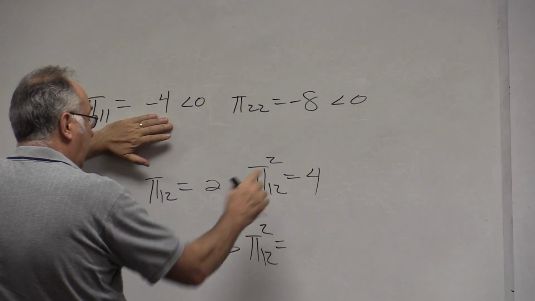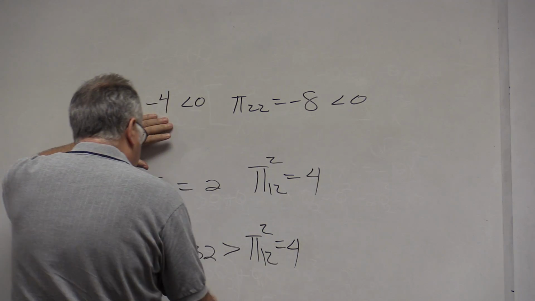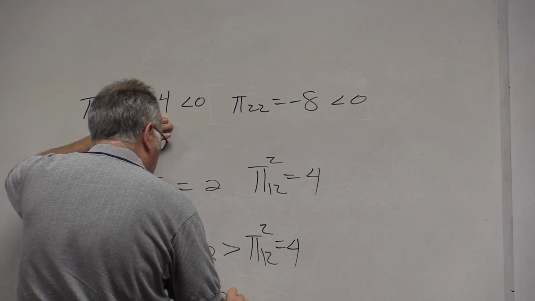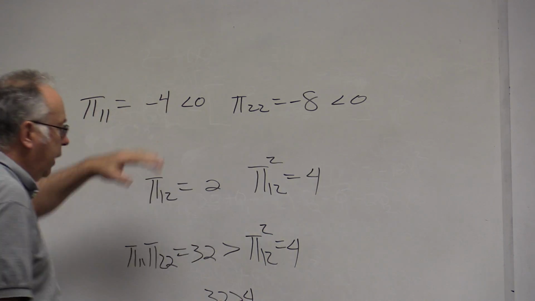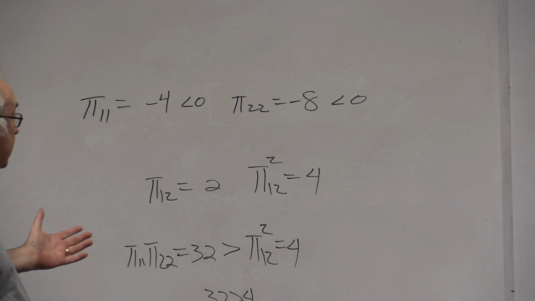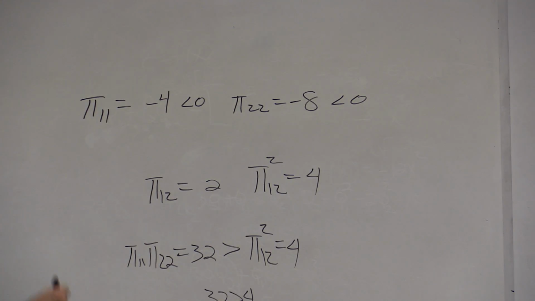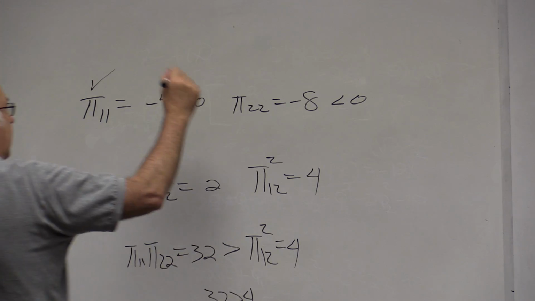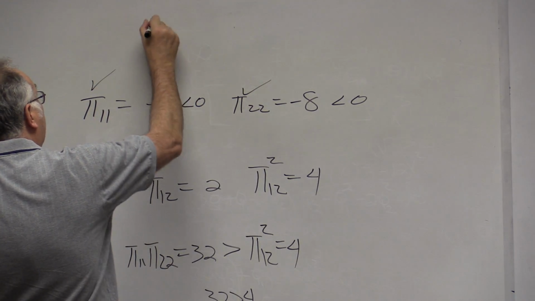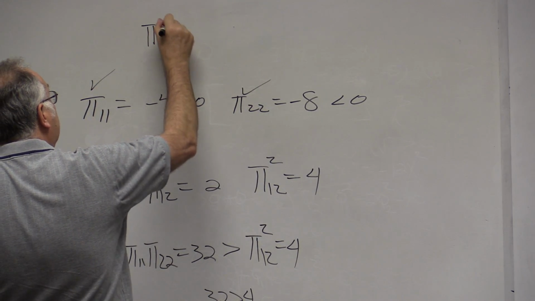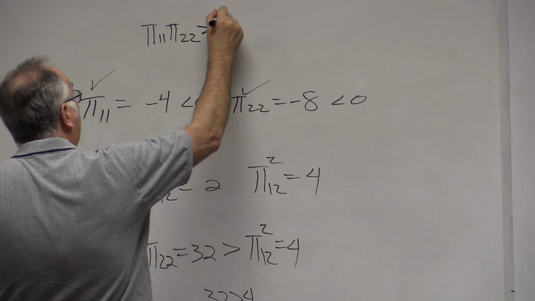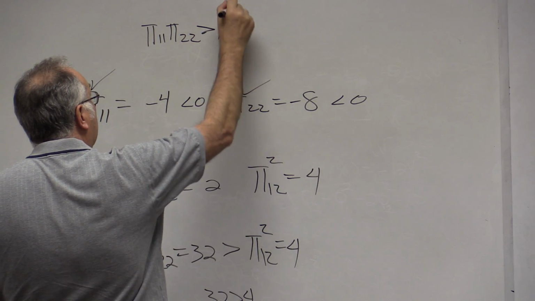Oh, excuse me, it's 4. 32 is greater than 4. So therefore, we've satisfied the sufficient conditions. Pi 1, 1 is negative. Pi 2, 2 is negative. Furthermore, pi 1, 1 times pi 2, 2 is greater than pi 1, 2 squared.